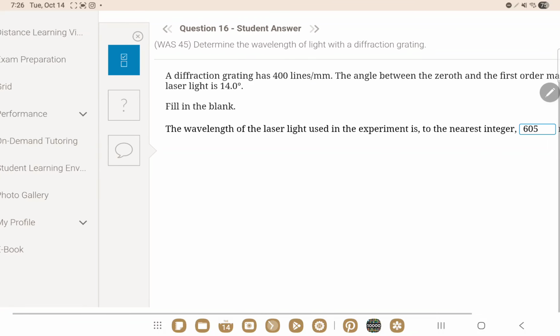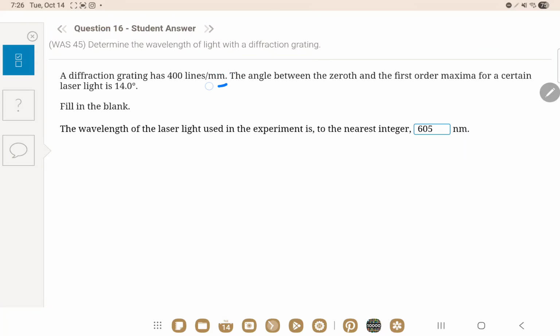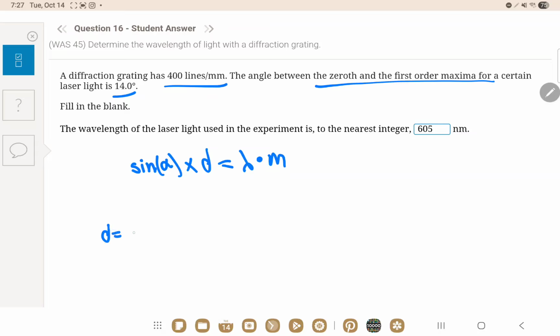You have 400 lines per millimeter. The angle between the 0 and the first order maximum is 14. We said that our formula is sine alpha or theta, doesn't matter, times d equals wavelength times m. So here we have d, we need to find it. So d is equal to 1 over the number of lines.